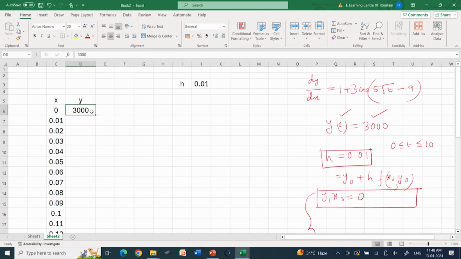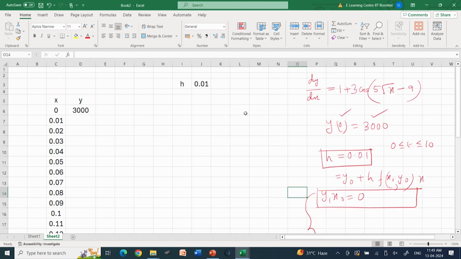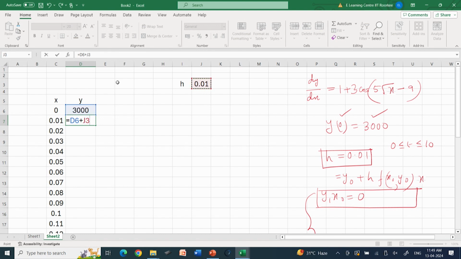Now, to calculate the value of y, I have to use this formula, that is y1 equal to y0 plus h times f x0 y0. Now, this one, which will be equal to y0, which is this, plus h times, and I have to make this constant.